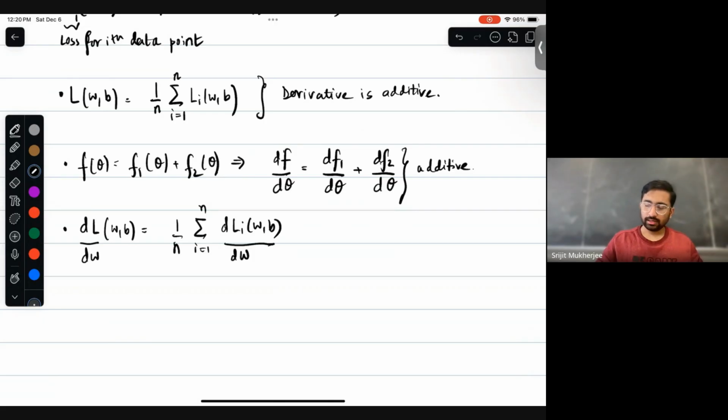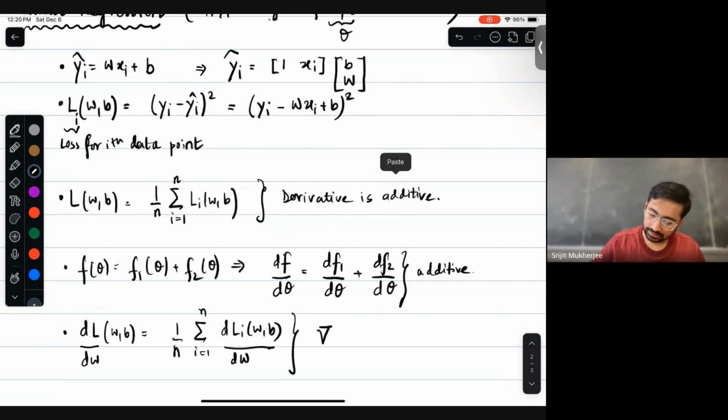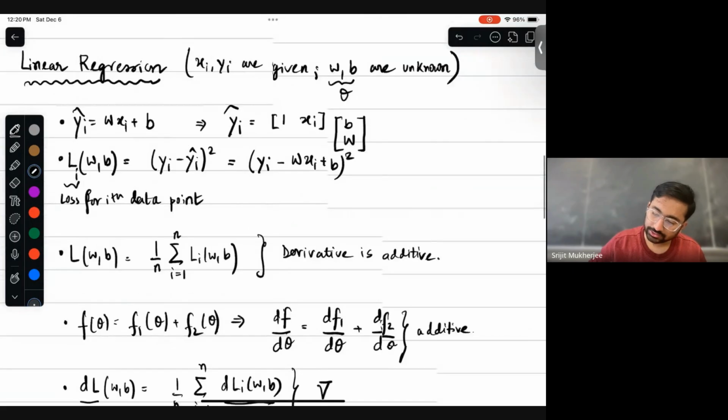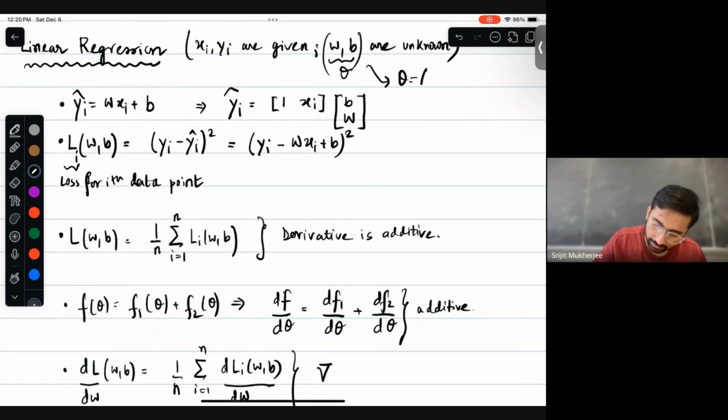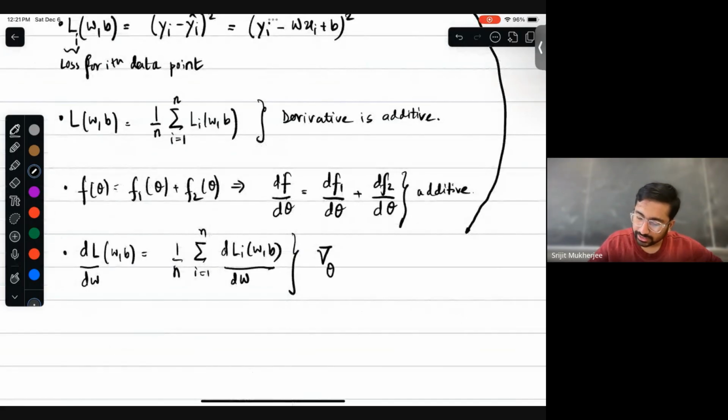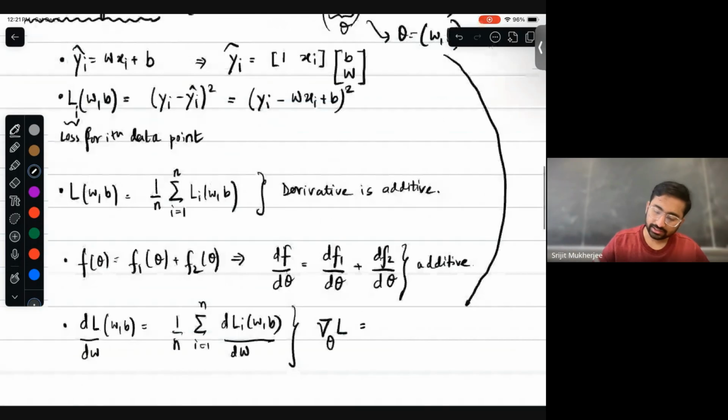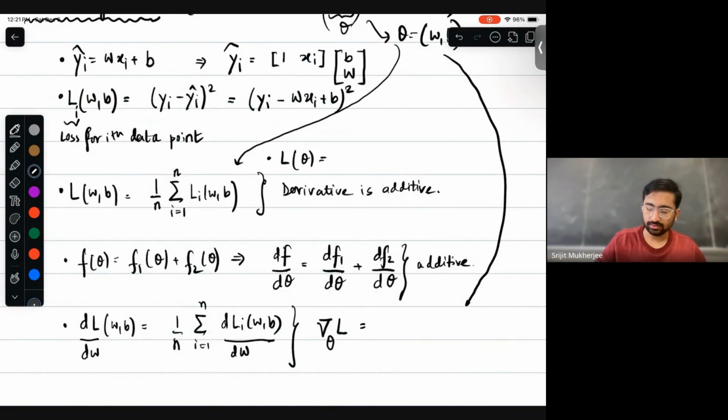Okay. In fact, let's assume that theta is equal to w comma b. So if you now take the entire L, we can also write this as loss of theta is 1 by n summation of individual losses.